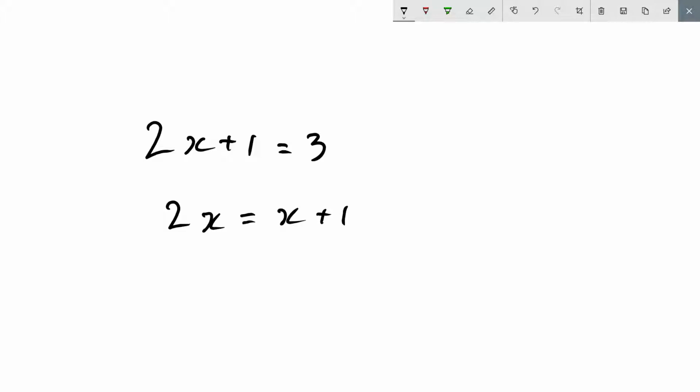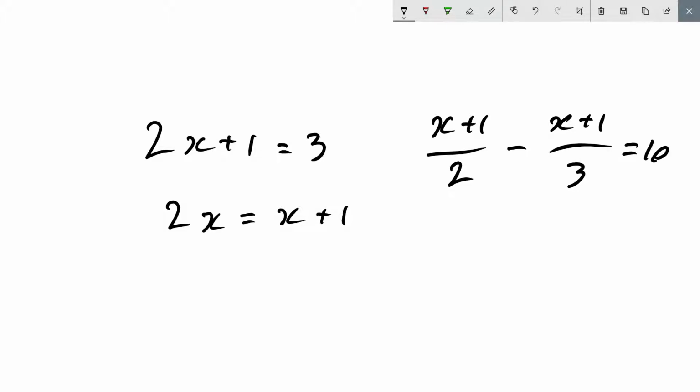One variable to the first power are things like 2x plus 1 equals 3, or 2x equals x plus 1, and (x plus 1)/2 minus (x plus 1)/3 equals 10. These are all linear equations because you can see that we only have the one variable x. So our variable x is only to the first power, meaning that we can't have things like x squared.